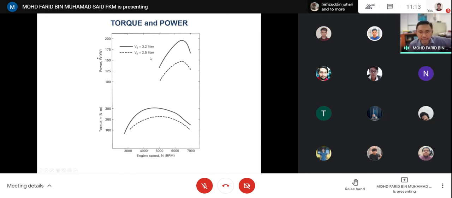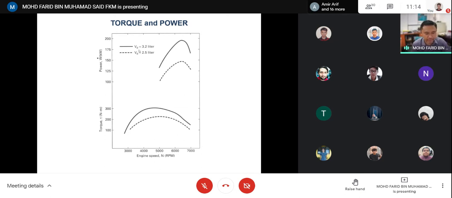Here it clearly shows that when you have a higher displacement volume, your brake power is larger than with a lower displacement volume. The same goes for torque. If you have a higher engine CC or engine capacity, the torque produced will be higher.